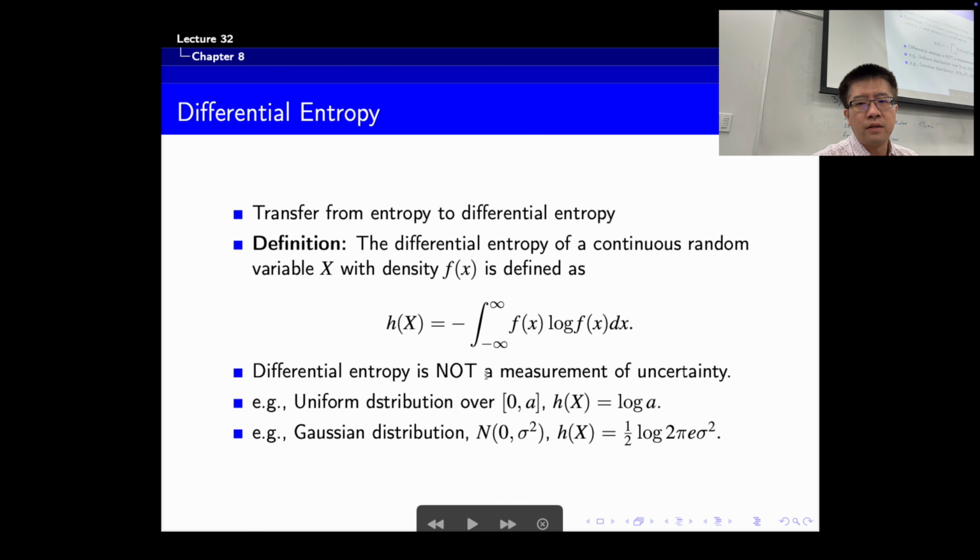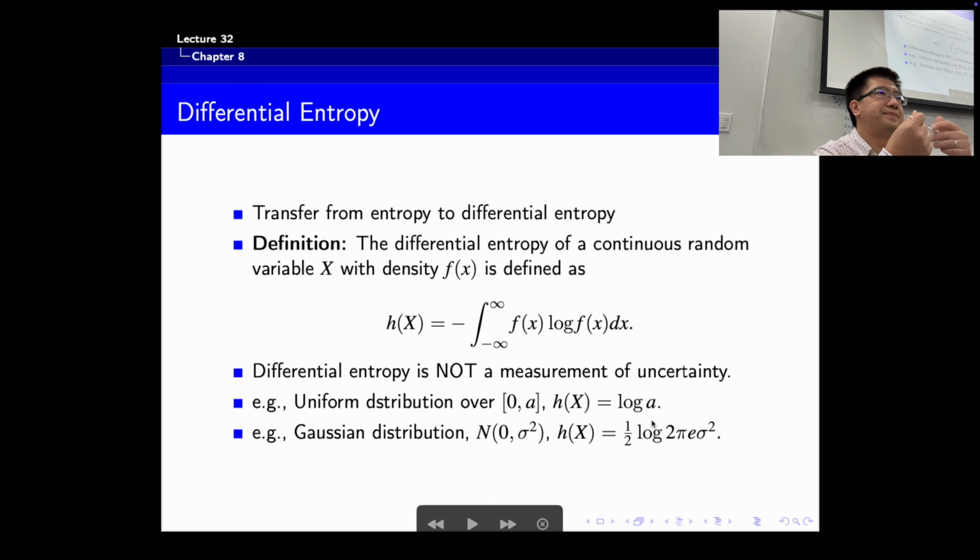The other thing is that, similarly to entropy, we now focus on some specific distributions. One is the uniform distribution, and the other one is the Gaussian distribution. Those are the differential entropies.